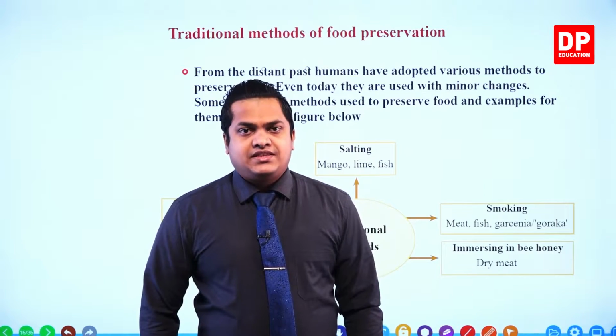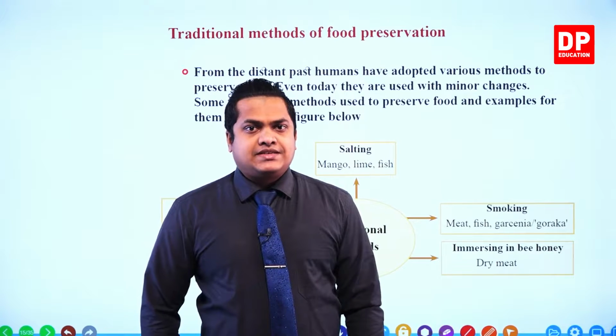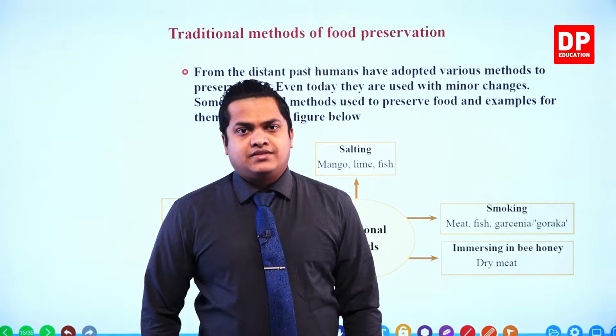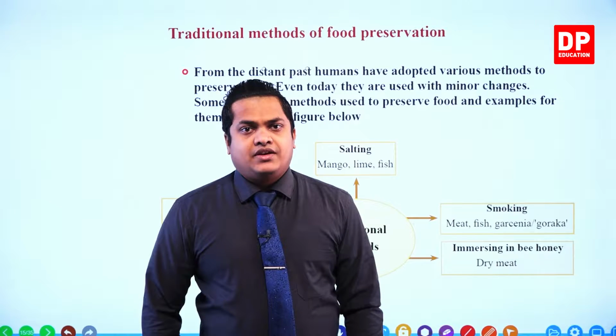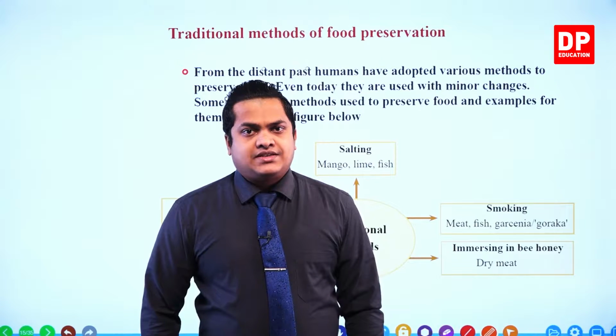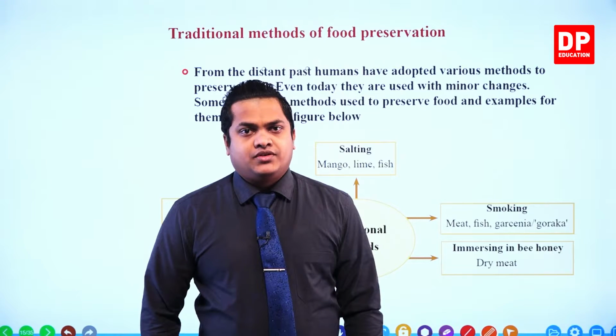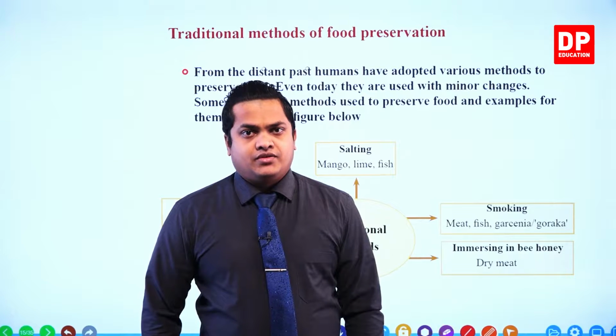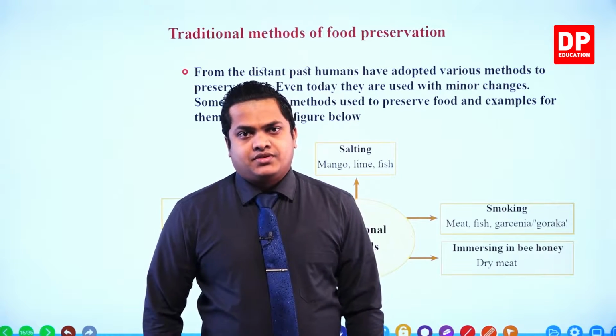Now within this chapter, we'll be discussing further details related to the food preservation process. At the end of the last chapter, we discussed the types of preservation that can be done to food. So we can do several preservation types.